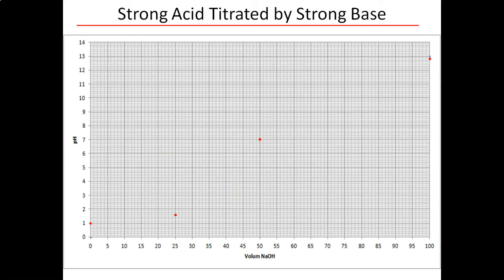Now we might be tempted to join these points, my initial pH of 1, my final pH of approximately 13, although I'll never quite get to 13, my pH of 7 at equivalency, and my pH at half equivalency of about 1.47, or 1.5, with a straight line.